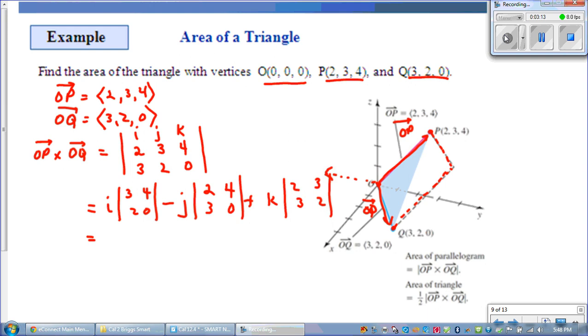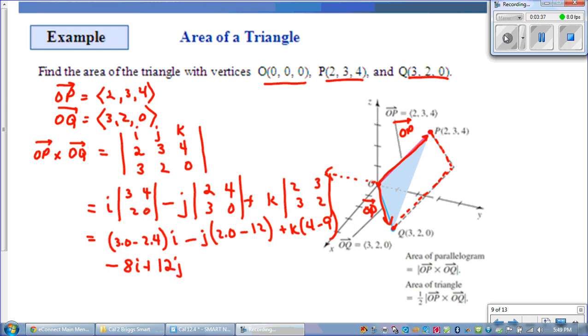Evaluate the 2 by 2 determinants and we get (3 times 0 minus 2 times 4) i, minus j times (2 times 0 minus 3 times 4), plus k times the determinant 4 minus 9. So we have negative 8i plus 12j minus 5k.